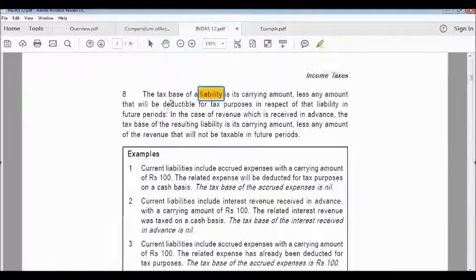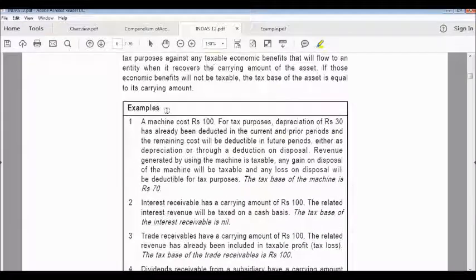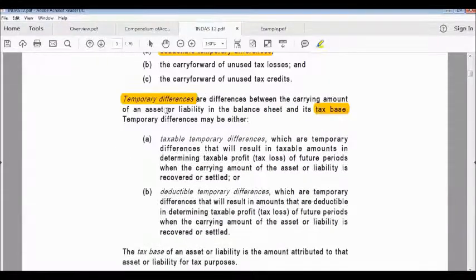Now temporary difference is classified into two categories: taxable temporary differences and deductible temporary differences. In taxable temporary differences, you have to calculate the deferred tax liability, and in deductible temporary differences, you have to create deferred tax asset.